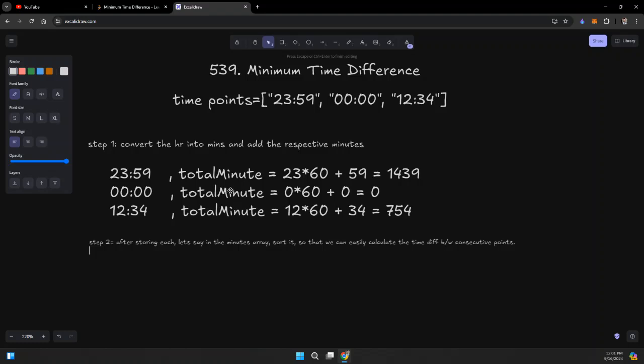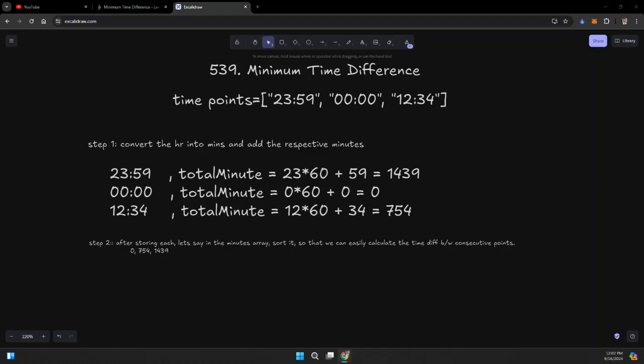Now after sorting it, what will we get? Simple. First 0, then 754, and finally 1439.